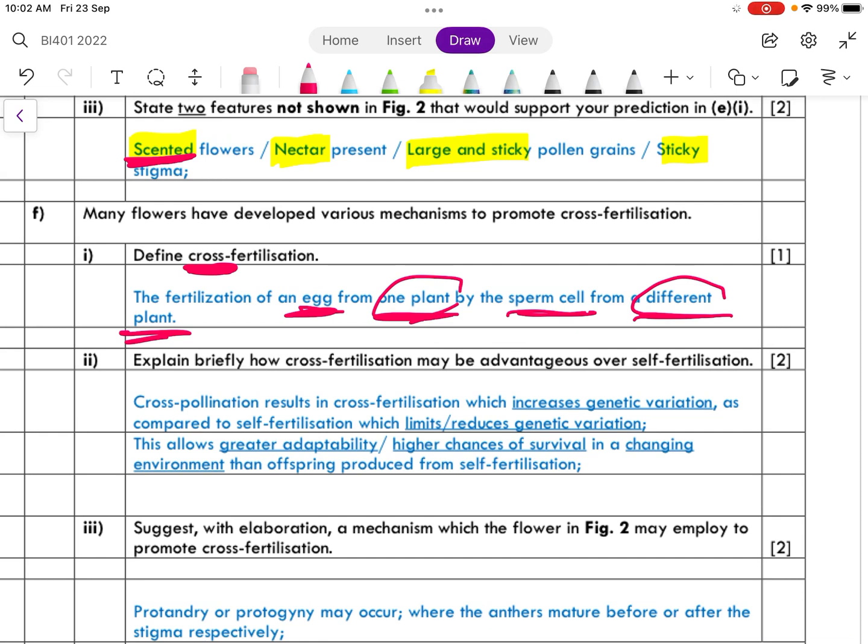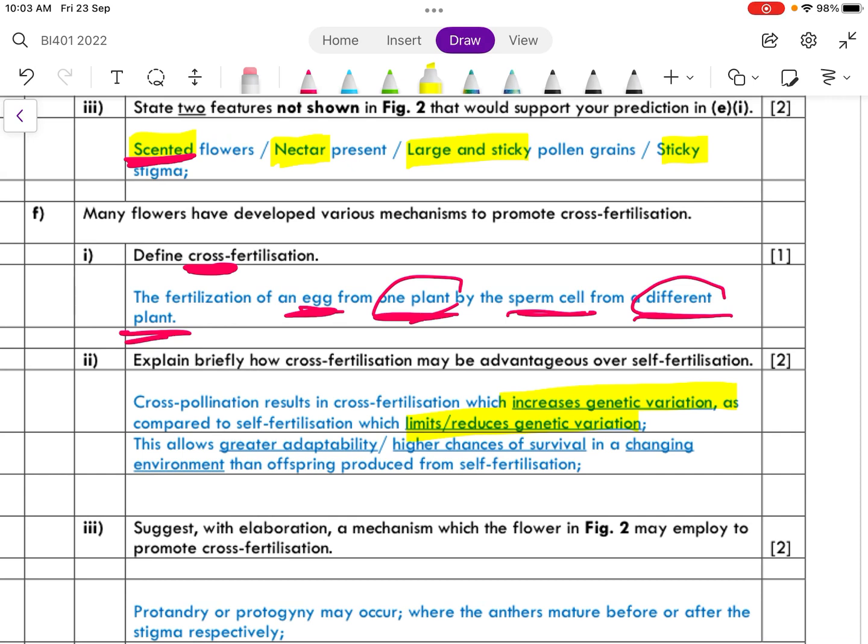This relates a bit to earlier on about genetic variation. In cross-fertilization, you will increase genetic variation. That's because both sperm and the egg are varied to begin with. And putting them together, fusing together, you end up with a zygote that's even more varied. As compared to self-fertilization, it has limited genetic variation. It's not that there is no genetic variation, there is limited. You cannot say that there's no genetic variation.